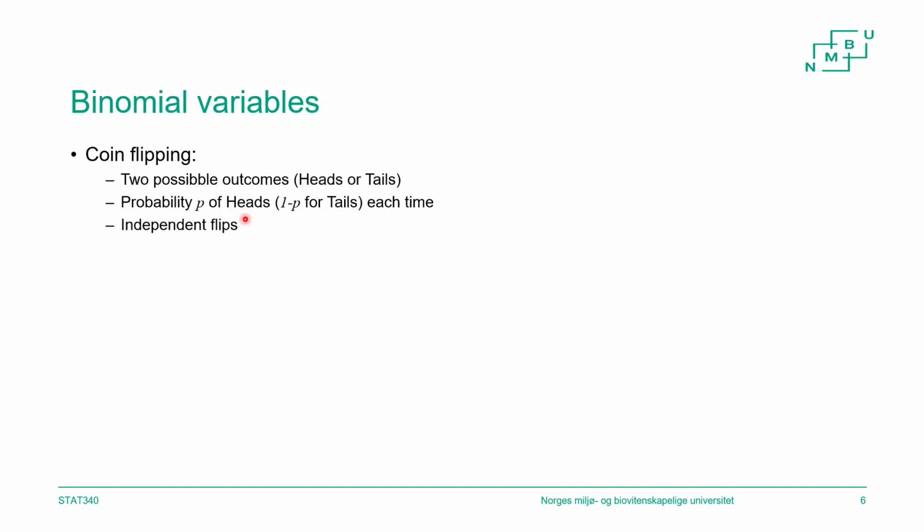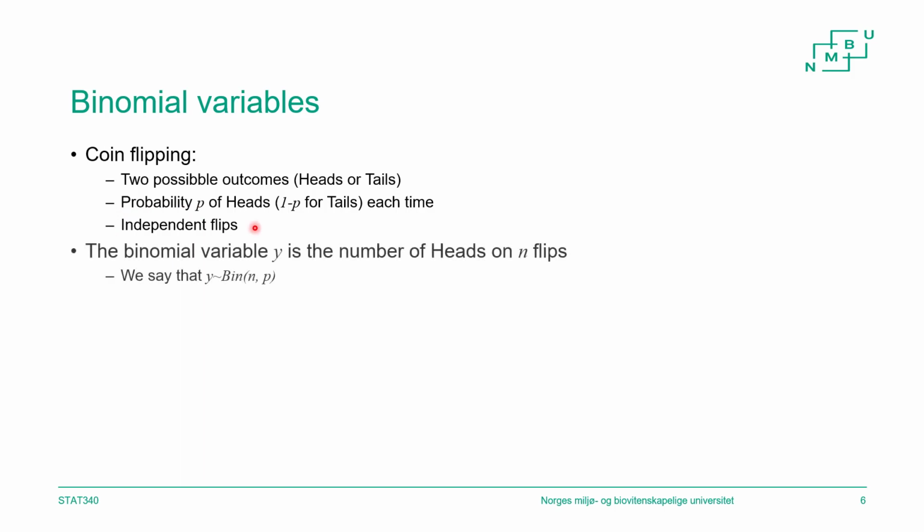And then you have independent coin flips, so that the outcome of the next is not depending on the previous one. Then you have a binomial situation if you now count the number of heads or tails. This is always symmetrical, right? So when I say you count the number of heads, you could just as well turn it around and say you count the number of tails.